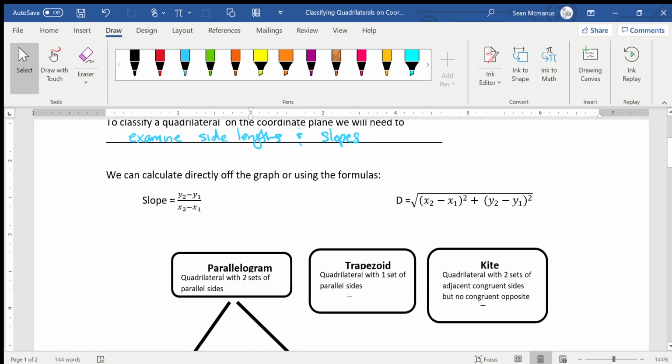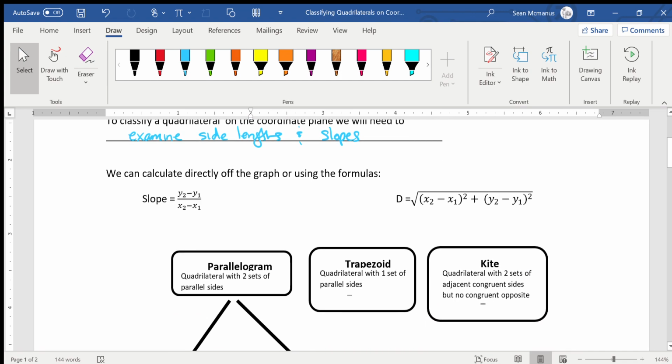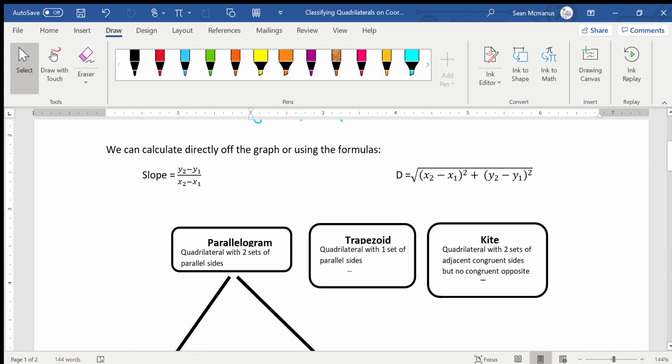We can work directly off the graph, which is what we're going to primarily do, right? We're going to work directly off the graph using the points and the sides on the graph to form our triangles and calculate the slope directly off the graph and then use the Pythagorean theorem. If you're someone that likes formulas, maybe you're already ready for this.